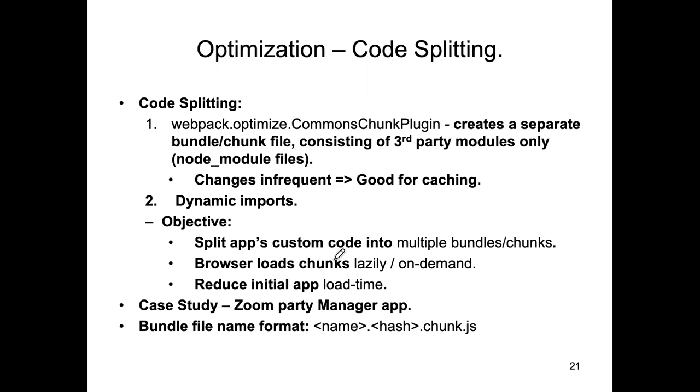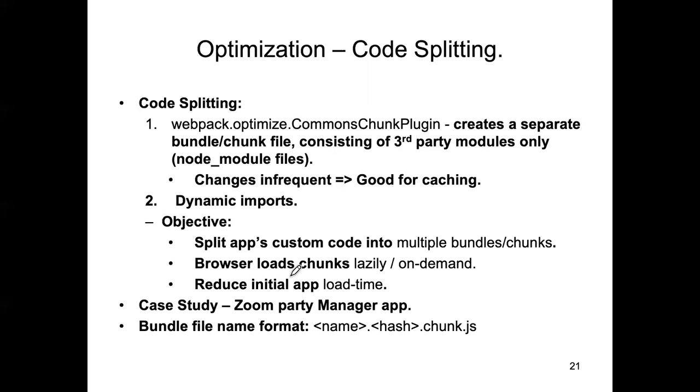And what this achieves as well is that the initial bundle that we get is going to be smaller than it would be if the main bundle had everything in it. So it reduces the initial app load time, because we want our home page to load as quickly as possible.